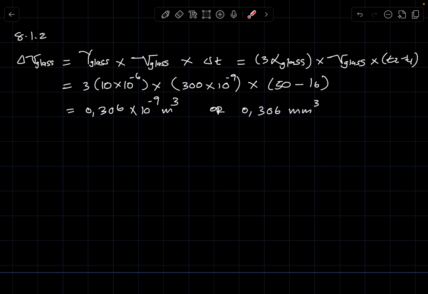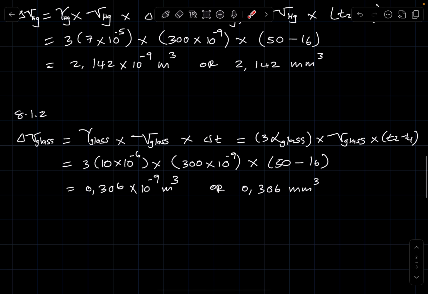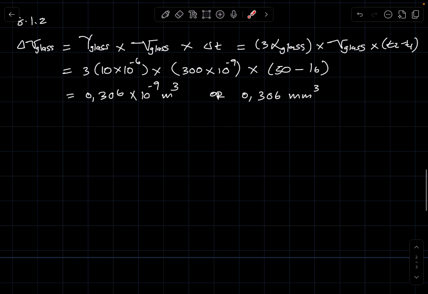Remember that we established that you would expect a fluid to expand more than a solid, which is the case here. If you look at the volumetric changes of the mercury, which is the fluid, and the glass flask, the mercury one is relatively greater than the one of the glass flask.